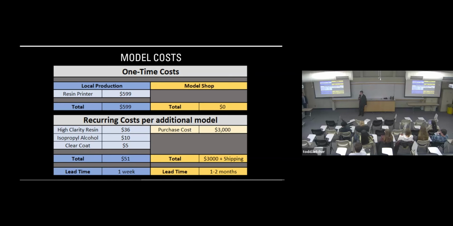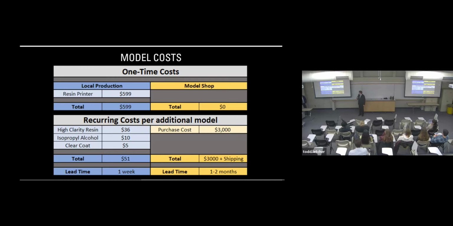To print a model out of resin, it's about $51 per model, and that's being a little bit conservative, assuming that you're going through an entire 1 liter bottle of resin per model that you make. So assuming that you don't quite do that, you might even end up a little cheaper. And that leaves conservatively 1 week, just depending on who has the printer before you do. Compare that to the purchase cost of the model shop model, $3,000 and 1 to 2 months of lead time.